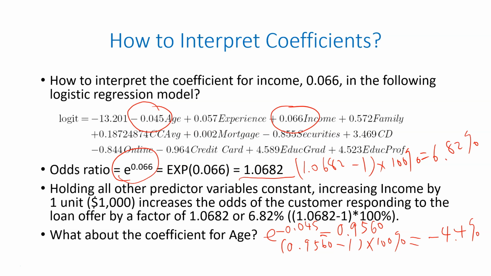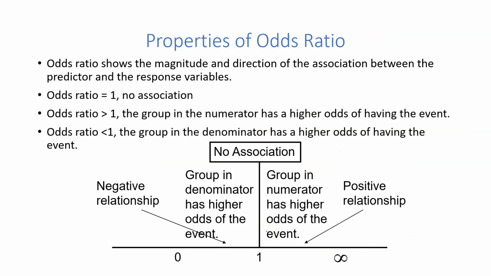As you can see from this example, when the odds ratio is less than 1, the relationship between the variable and the target is negative. Let's summarize the properties of odds ratio. First, odds ratio is how we can use the coefficients to show the magnitude and the direction of the association between the predictor variables and the odds of the case belonging to the success class.